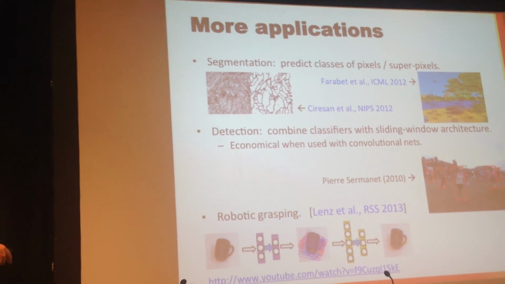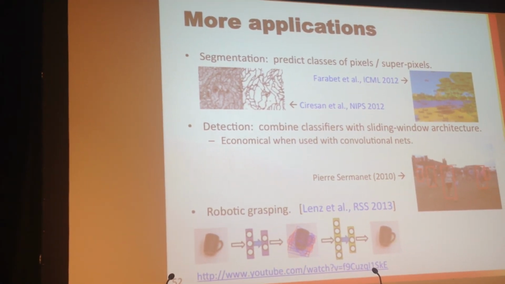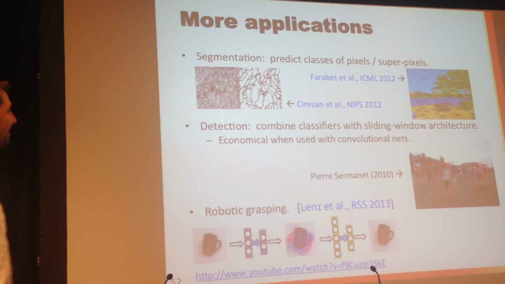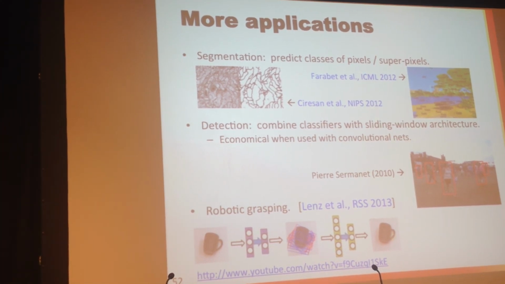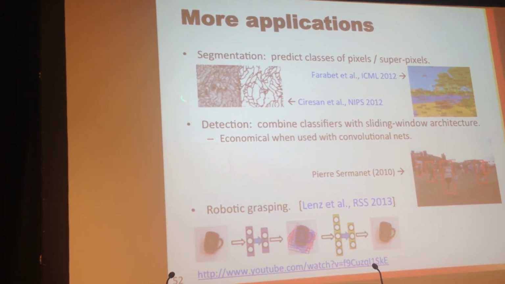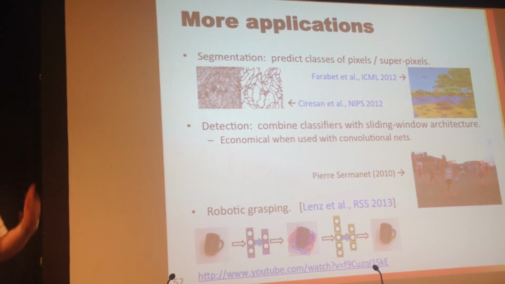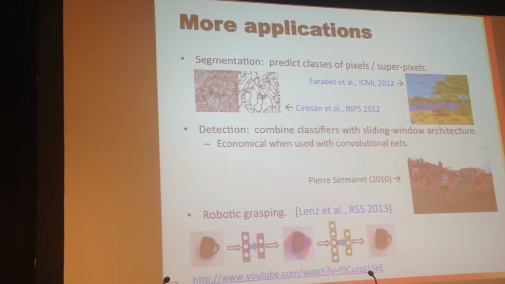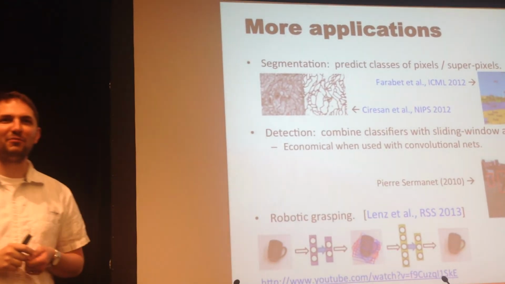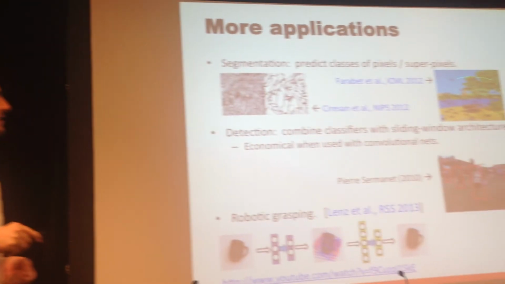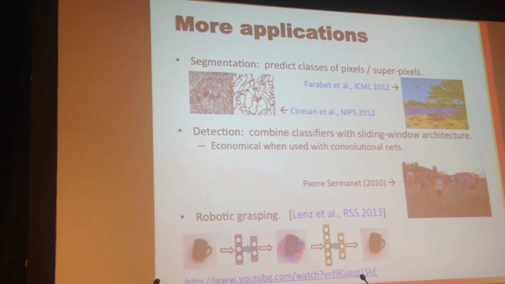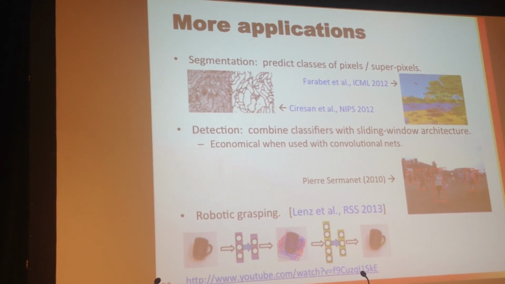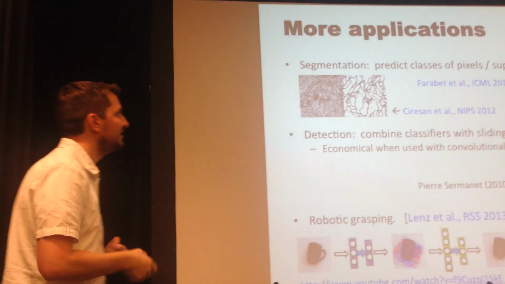So it turns out, you can shoehorn this basic framework into a whole bunch of different applications. So I went through the literature for the last year or two and found a couple that were pretty neat. Dan Ciresan and his co-authors have done this cool thing. You can actually take slides from a biopsy and train a neural network to predict where the boundaries of membranes are. You can take an image and label all the pixels and say, these are trees, this is sky, this is the ground, these are buildings, for example.